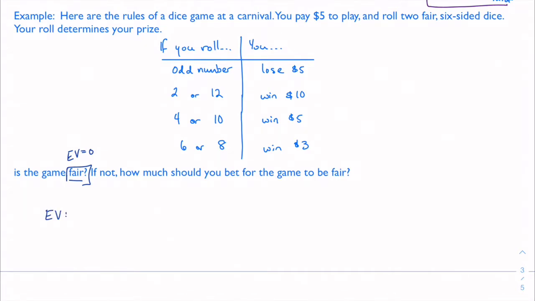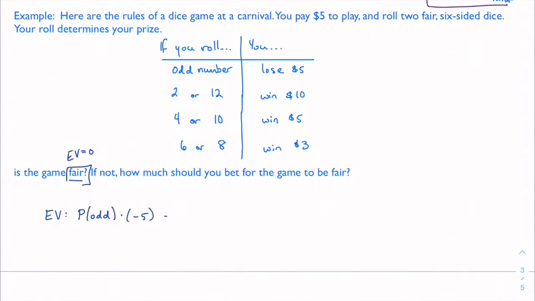So the expected value of this game is going to be, we're going to add up all of my probabilities times their outcomes. It's my probability times their outcome. So we need to know the probability of rolling an odd number. And then the outcome is you lose $5, so we'll call this minus 5.